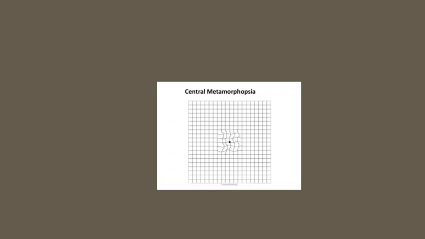So this is how a central metamorphopsia looks to the patient. Both the horizontal and vertical lines are appearing wavy or bent, and these lines are not appearing straight to the patient. So this was about the Amsler's grid, how it works and how we should interpret it.